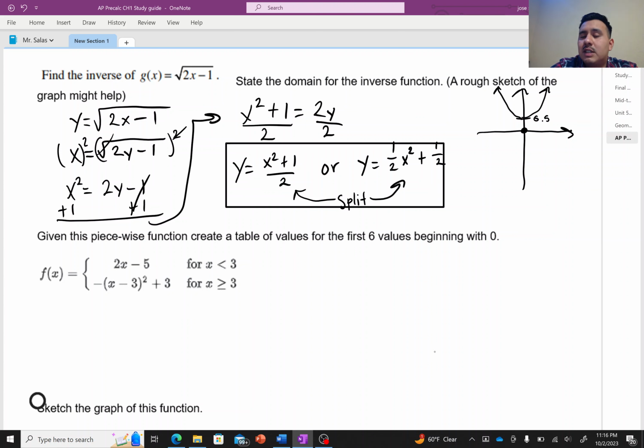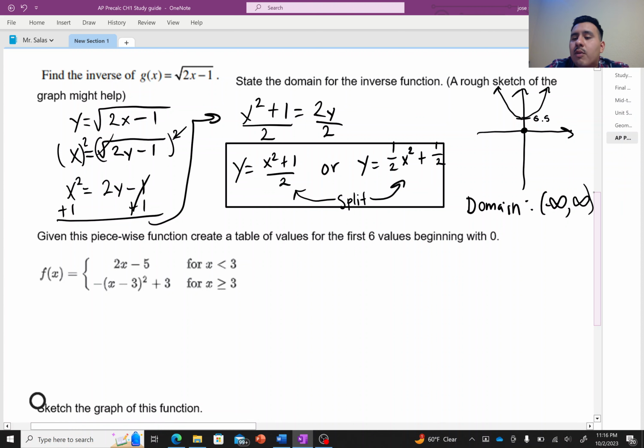Since I'm talking about the whole entire parabola, I can say that my domain goes from negative infinity, because that's our lowest x value, since it keeps going forever and ever in the negative direction, to positive infinity, our highest value, because it keeps going forever and ever in the positive direction. Okay, so that was our domain.